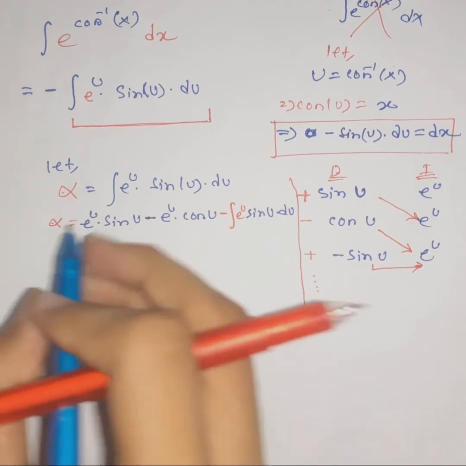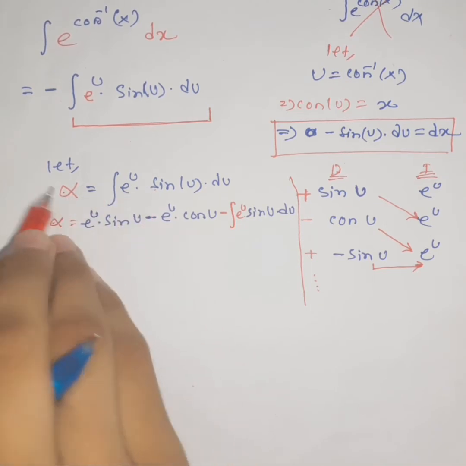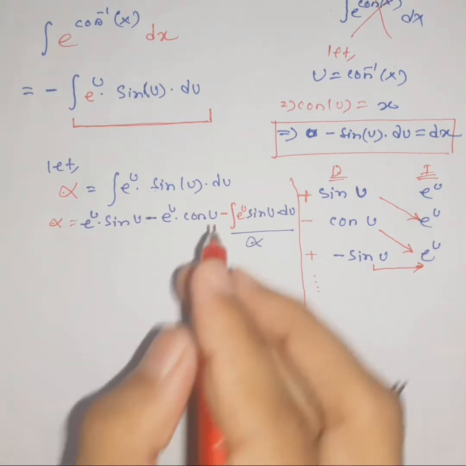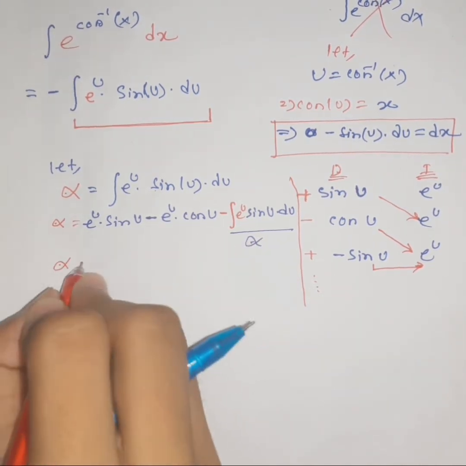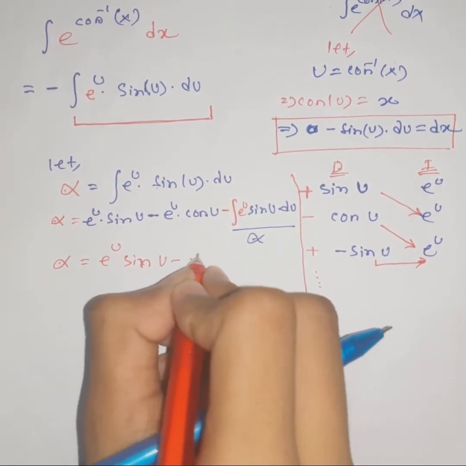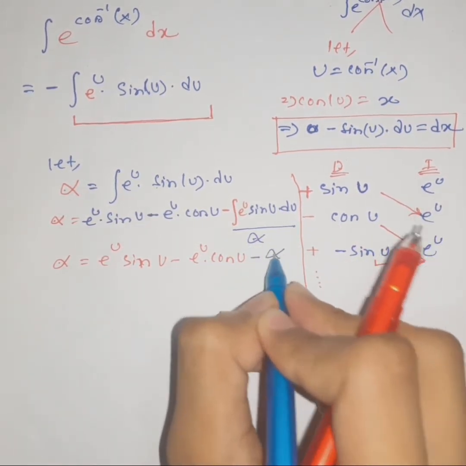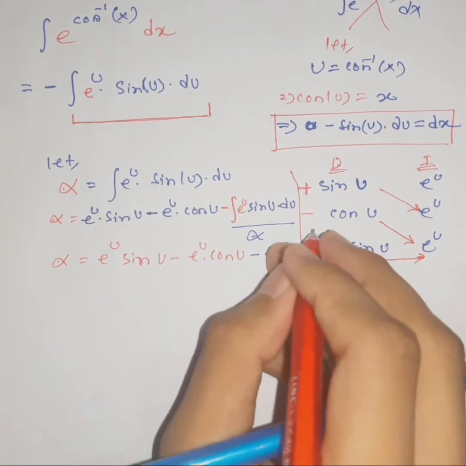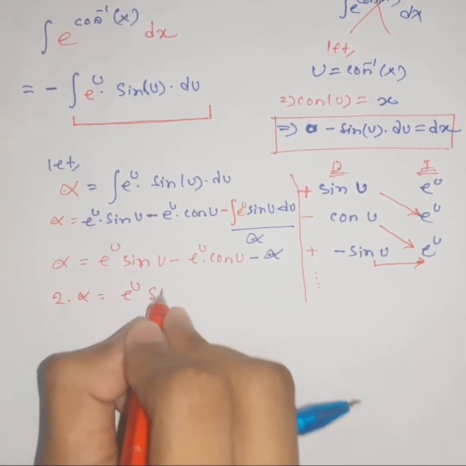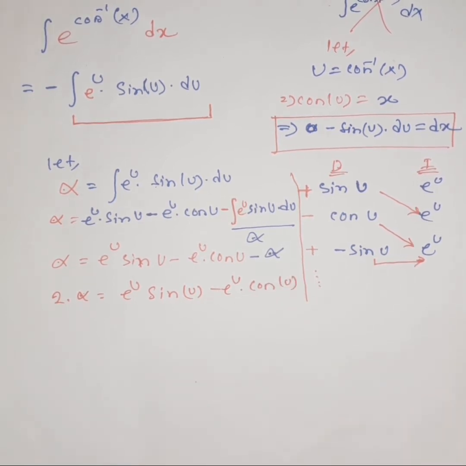Alright, now notice that this part is the same as the fish, so we can call it the fish, right? So now what we have is minus the fish, and now if you bring this right here, you will get 2 times the fish equal to e to the u sin of u minus e to the u cosine of u, and divide both sides by 2.